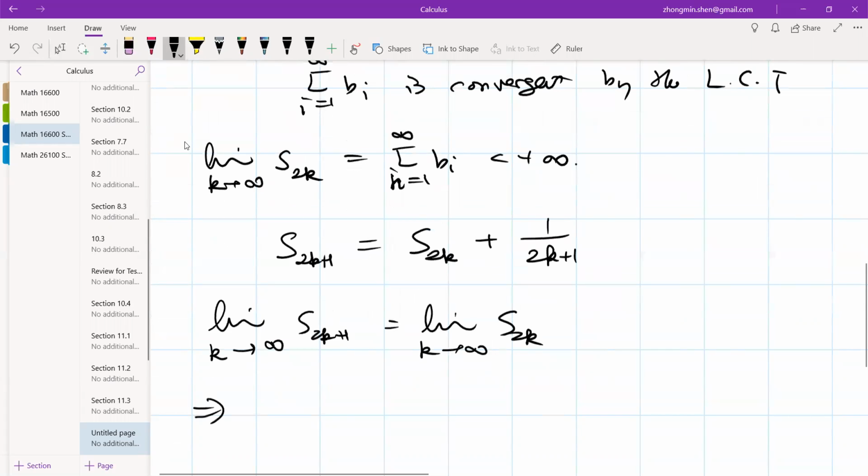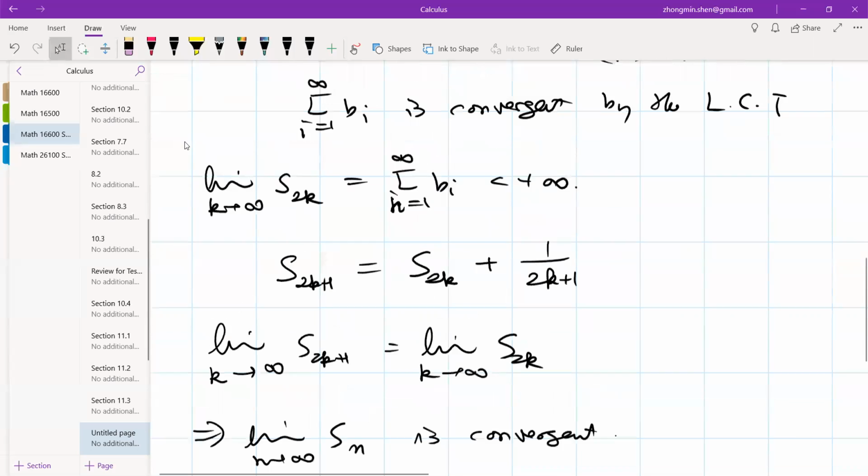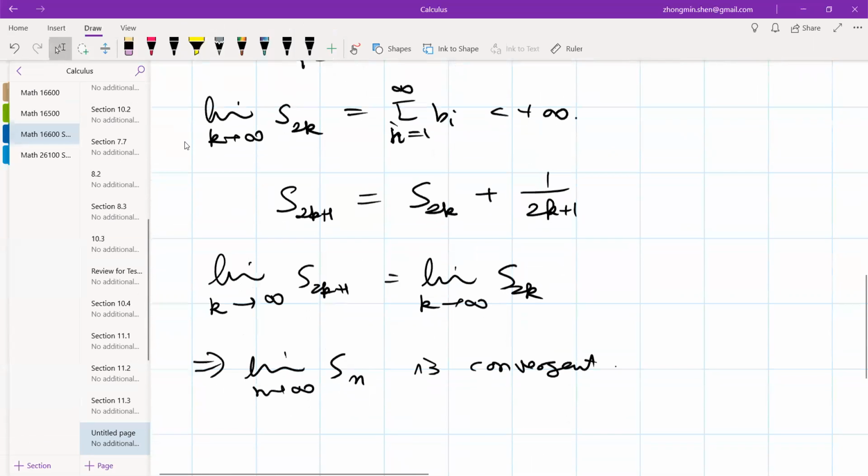This implies the limit of Sn is convergent. And what is the limit? We don't know the exact value.